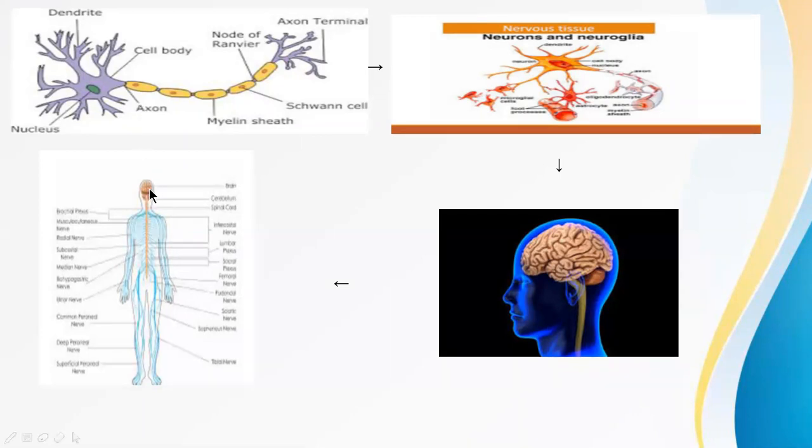It is connected with a rod-like structure which is your backbone. And this is the nervous system. Cell, tissue, organ, and the system. The whole system is present in the body, and that body is the whole organism.